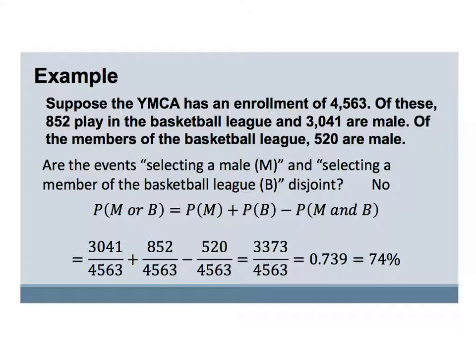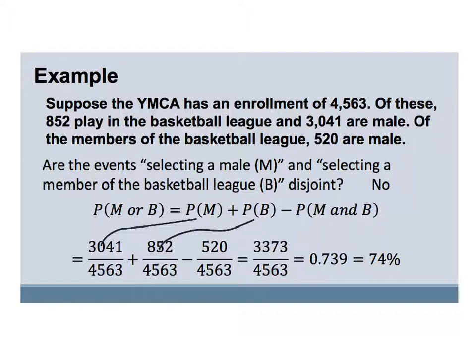So when I want to find the probability of male or basketball, I do probability of male and probability of basketball, but I have to subtract off the and. So there are 3,041 males, so the probability male is 3,041 over the total 4,563, plus basketball.